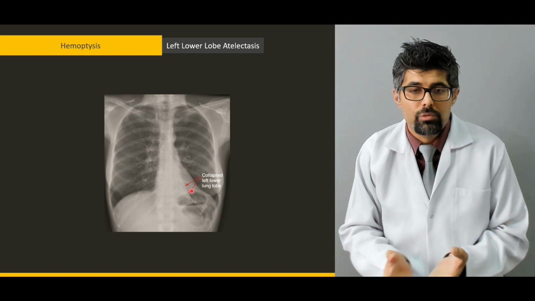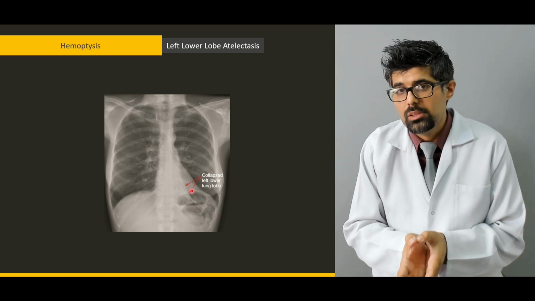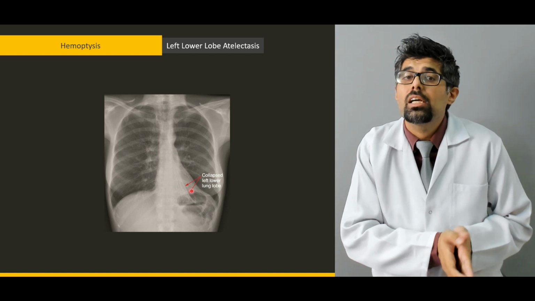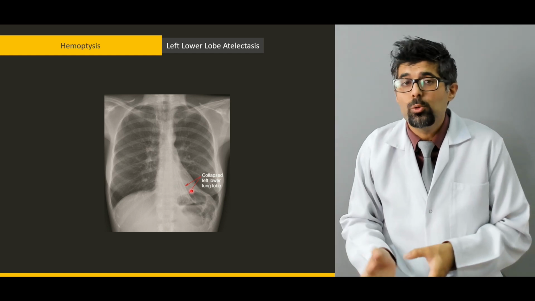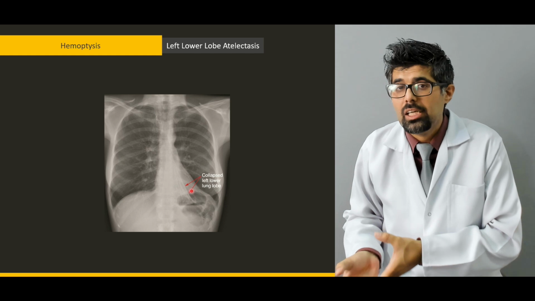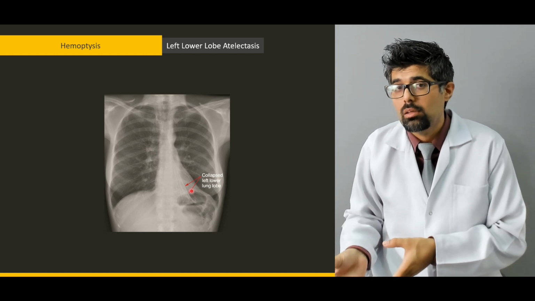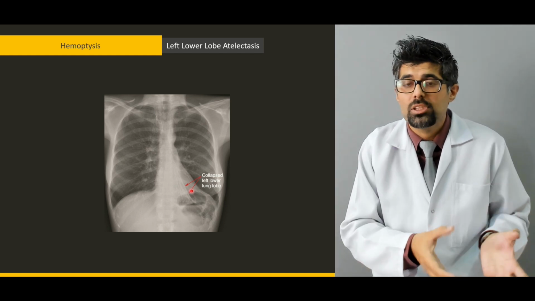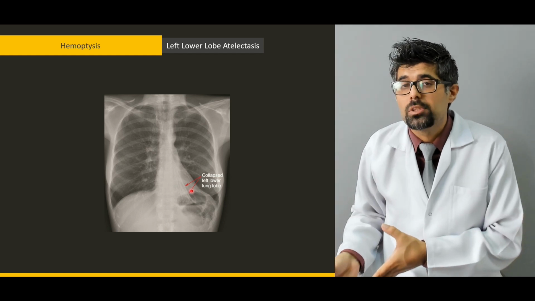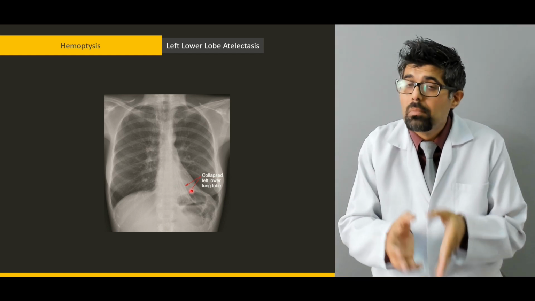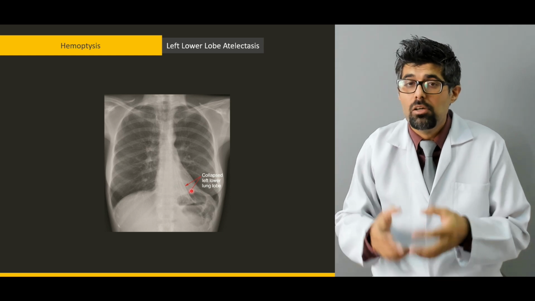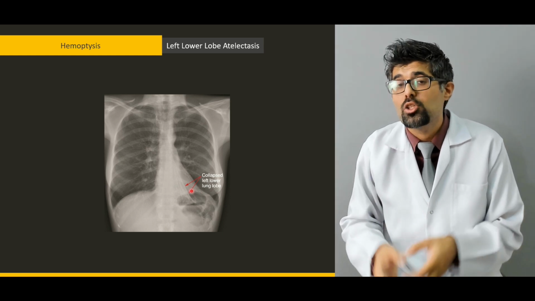So one of the causes of hemoptysis, that is malignancy, can be found out due to atelectasis or a collapsed lung. So if you see hemoptysis with lung collapse, there must be a malignancy or mass which is producing the hemorrhage or the blood.